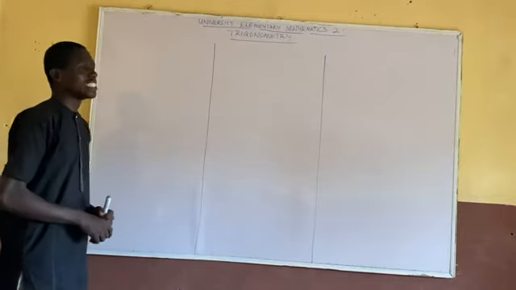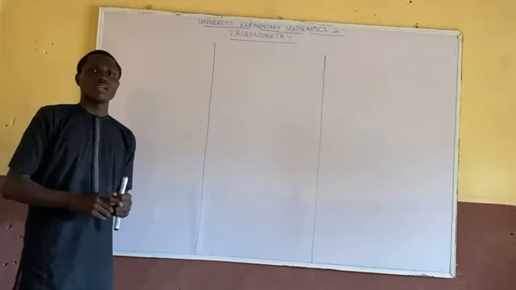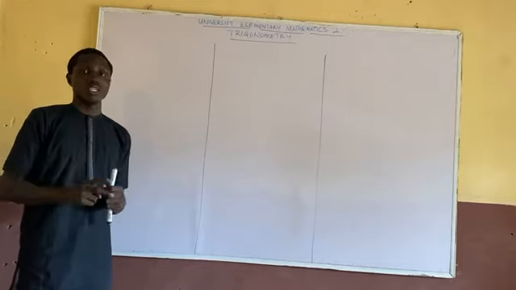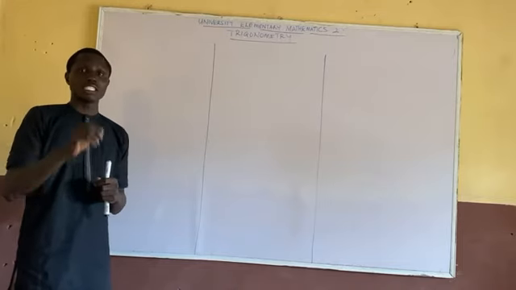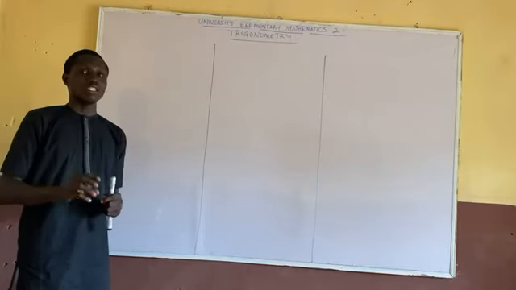Now, what do we mean by trigonometry? Trigonometry is derived from the Greek word, the synthesis of two Greek words known as trigono and metra. Trigono means triangle and metra means measure.